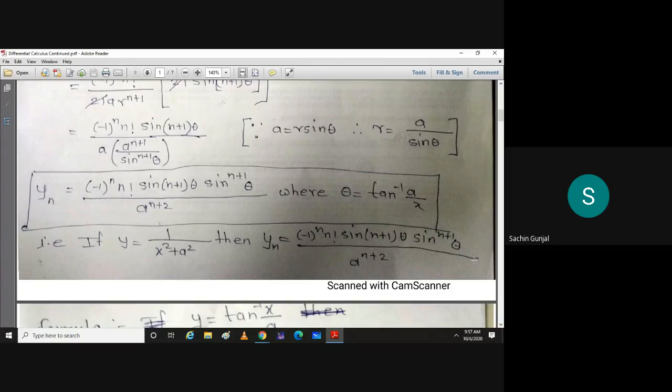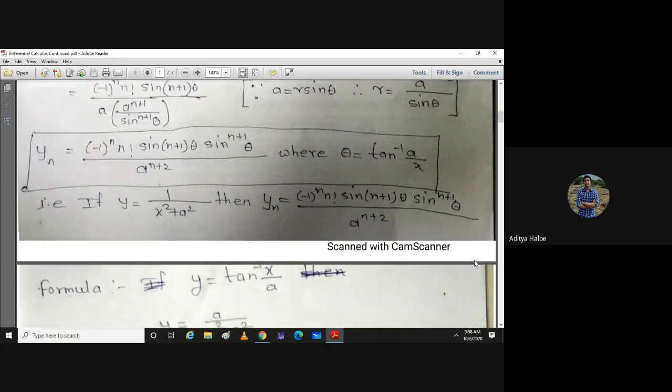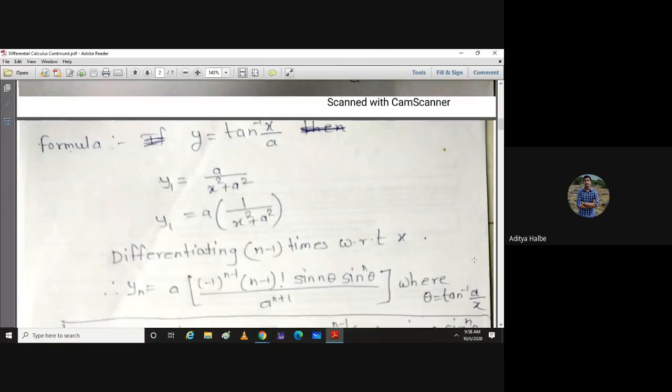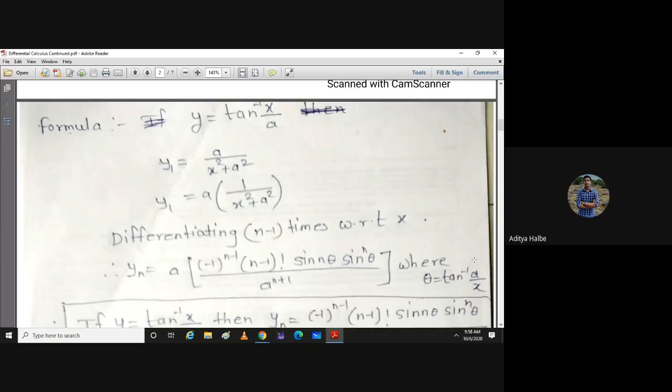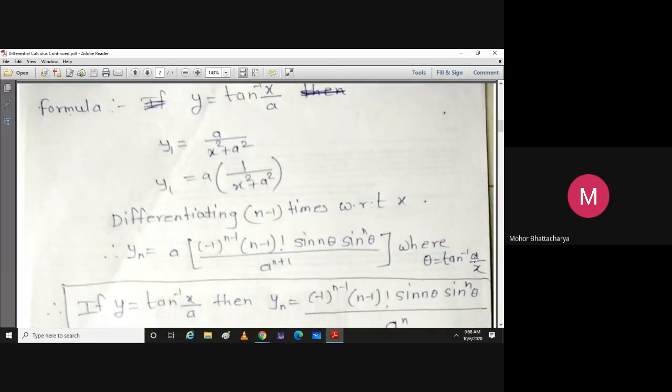Copied. Can you show for the n minus 1th derivative? Yes, thank you, sir. Sir, little bit more, the denominator is not showing.